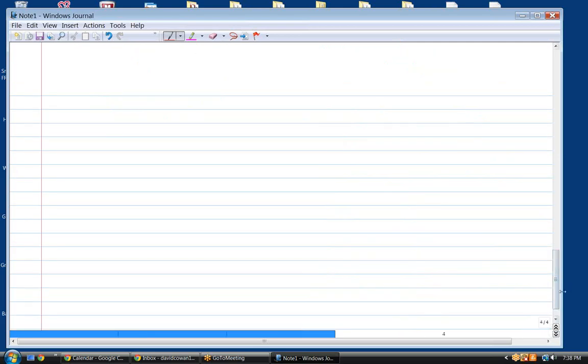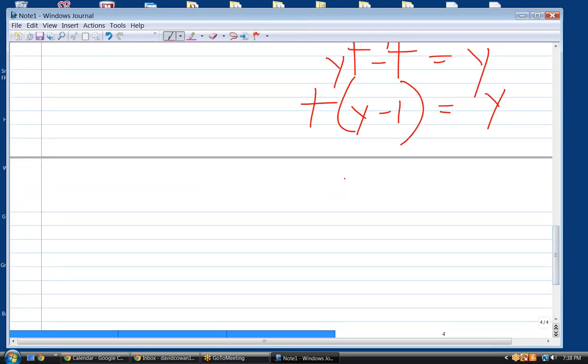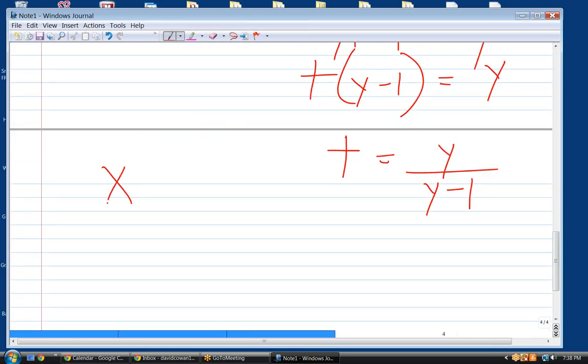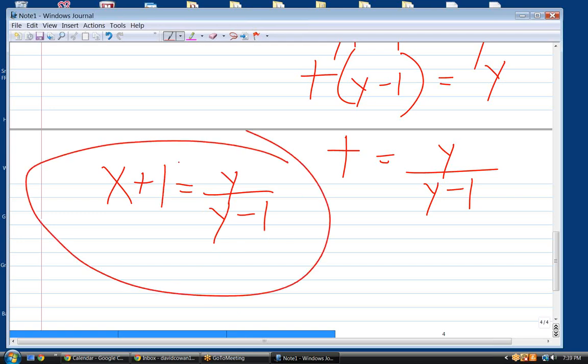So t equals y over y minus 1, and t equals x plus 1. So now we have x plus 1 equals y over y minus 1. And I guess we can stop there.